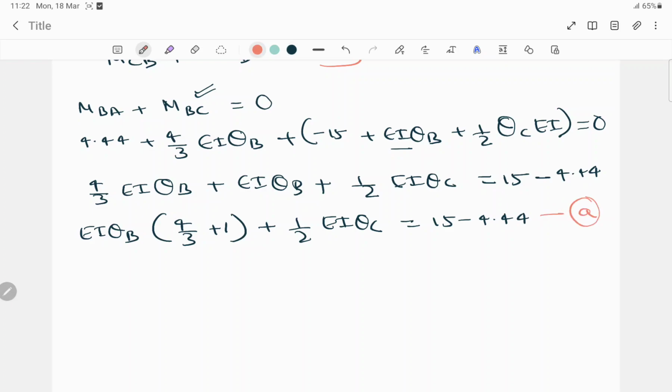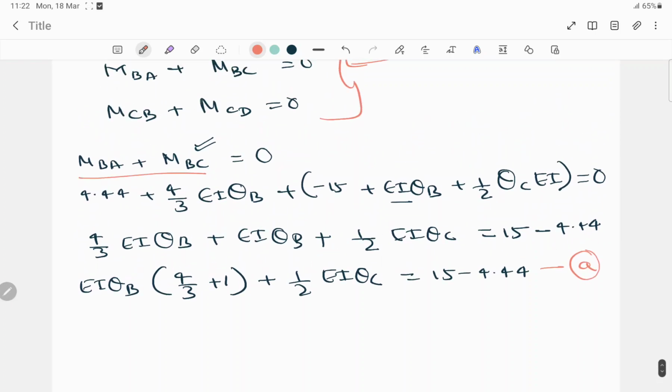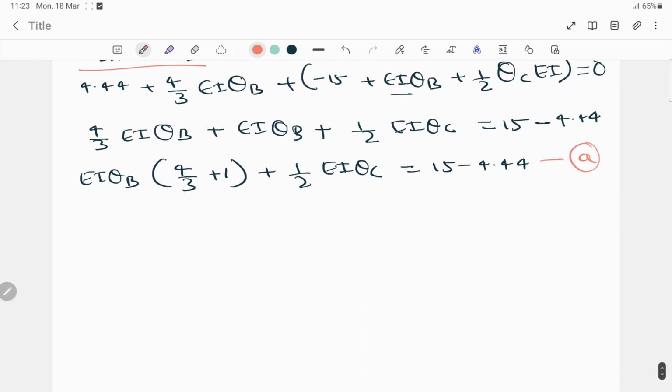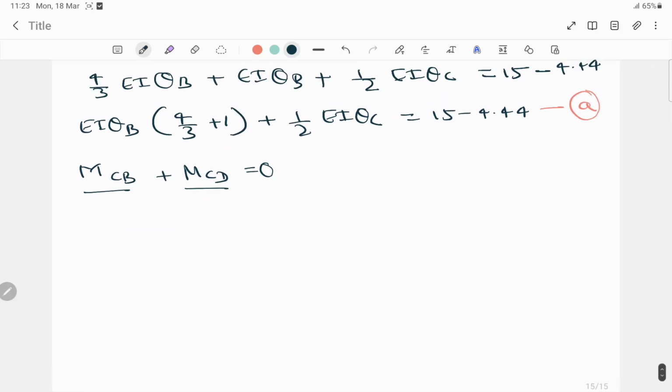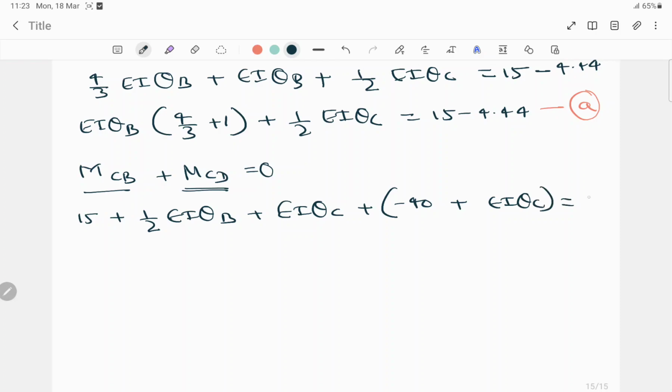Now again we'll solve for moment about C to B plus moment C to D is equal to 0. For MCB we already have the value, that is 15 plus half of EI theta B plus EI theta C, and for MCD it is minus 40 plus EI theta C, equal to 0.